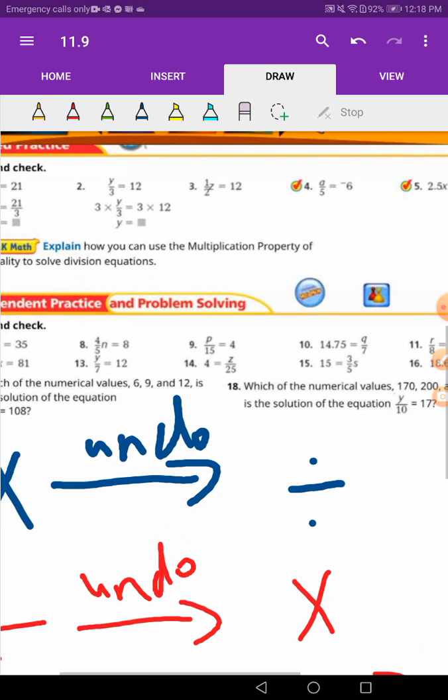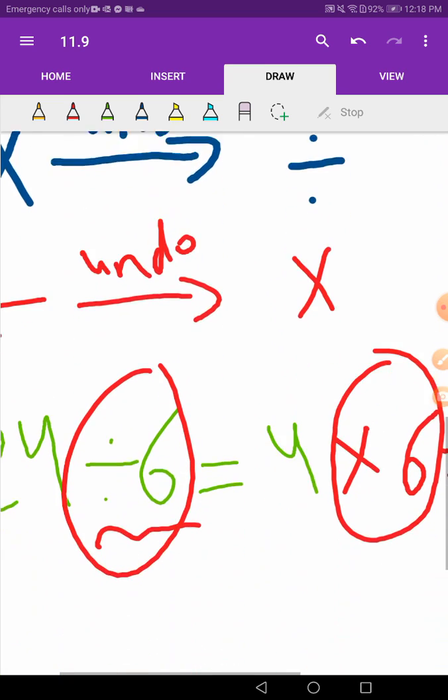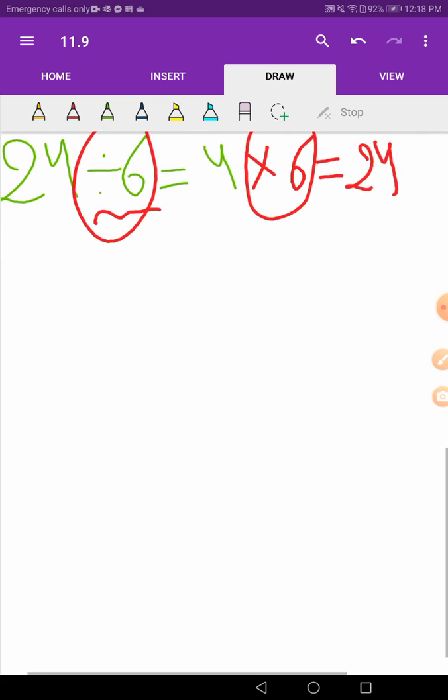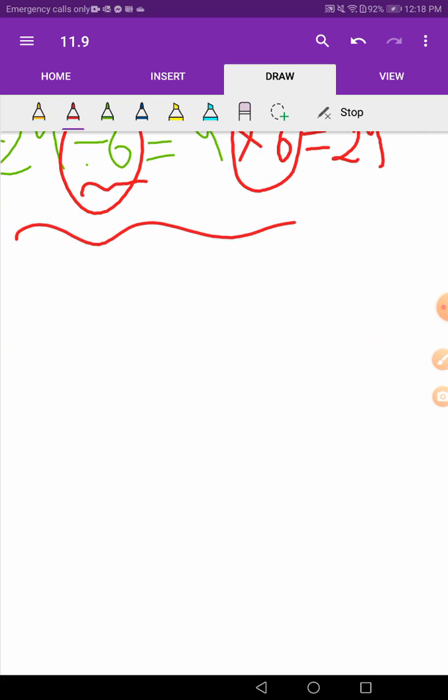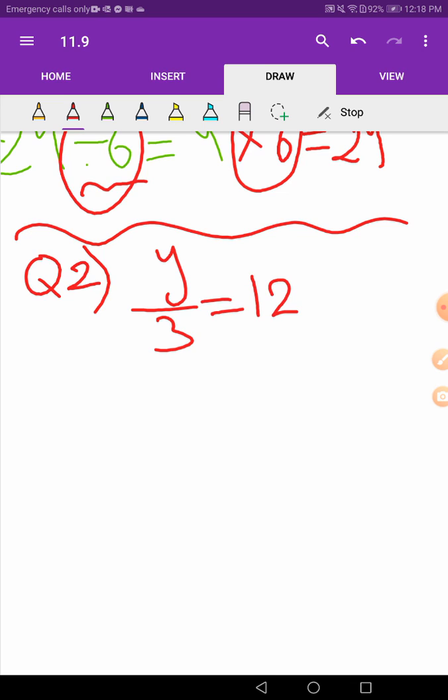Let's take a look at question number 2. We have y divided by 3 equals 12.